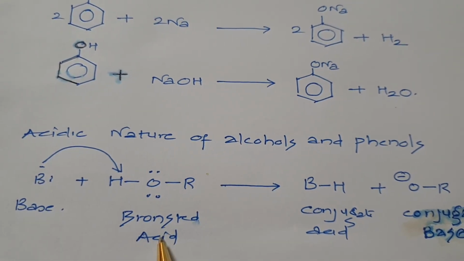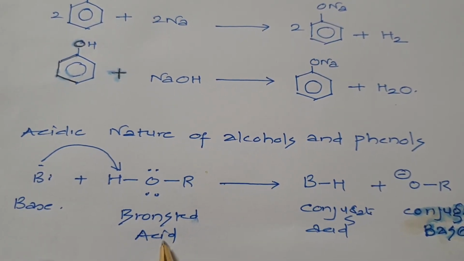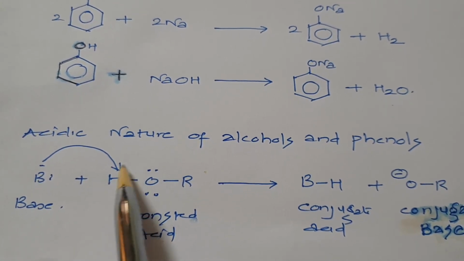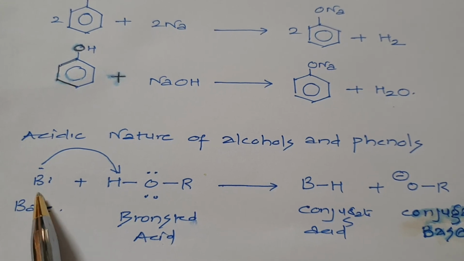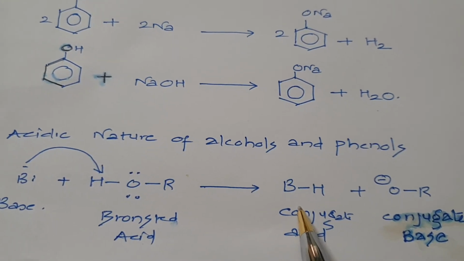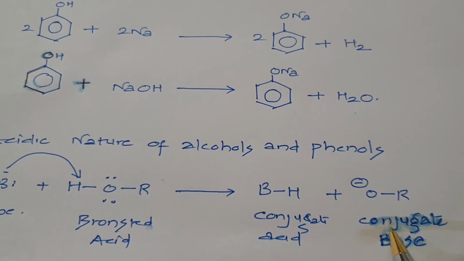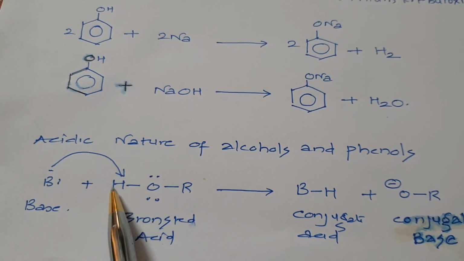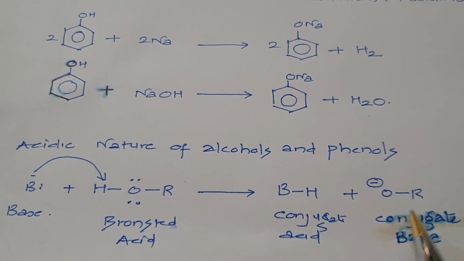Here we thus mention alcohol as a Bronsted acid, which is donating hydrogen. Over here, the base can abstract the hydrogen, thus the base forms a conjugate acid and our alcohol forms the conjugate base. That is, any alcohol present over here goes on to form an alkoxide.